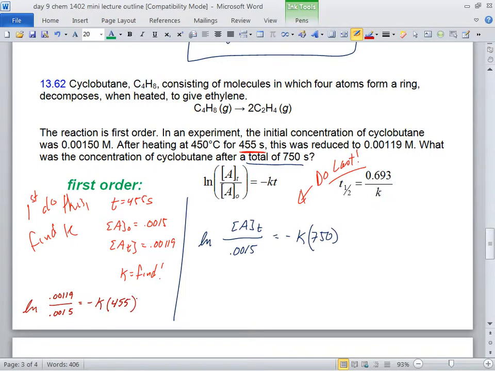So I would do what's inside the natural log first, right? Take that 0.00119, divide it by 0.0015, get a number for that, then take the natural log, then just divide it by a negative 455. And you'll have your k. You'll be good to finish it.